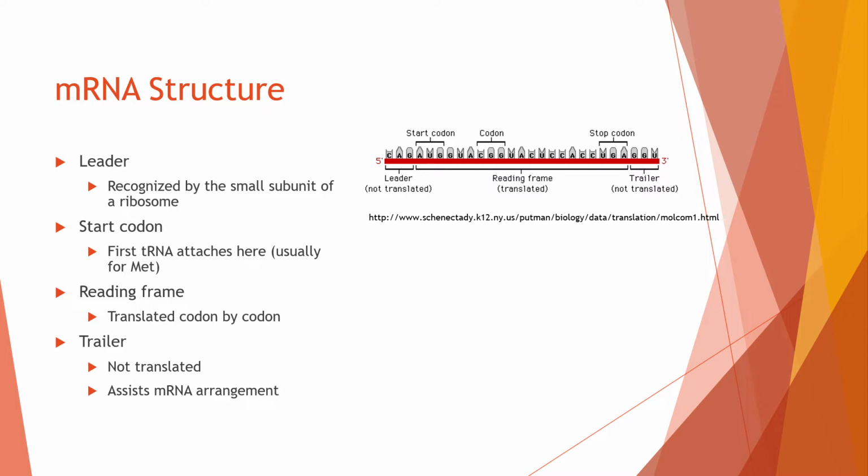So you have to know the term reading frame. The reading frame is the part of mRNA which will be directly translated. It starts with a start codon and ends with a stop codon. What is between the start codon and the stop codon is a reading frame, and this term must be something you memorize. The rest is not crucial.